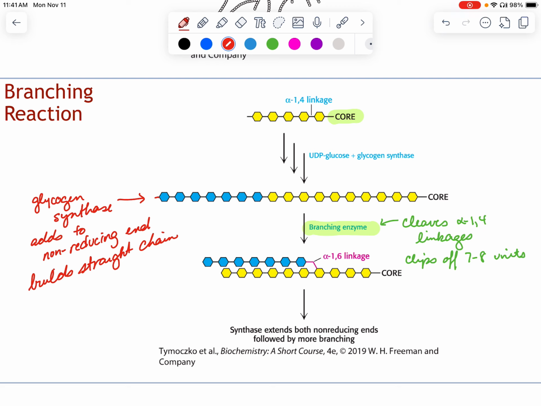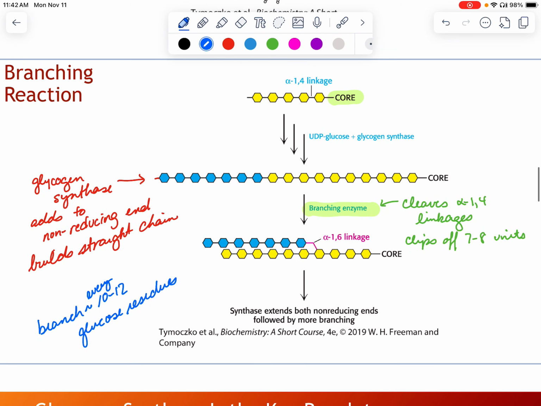The branching enzyme over here comes in and cleaves off about 7 to 8 units and pulls them back and adds them with that alpha 1,6. So you end up getting a branch around every about 10 to 12 glucose residues. So there's a lot of branching.